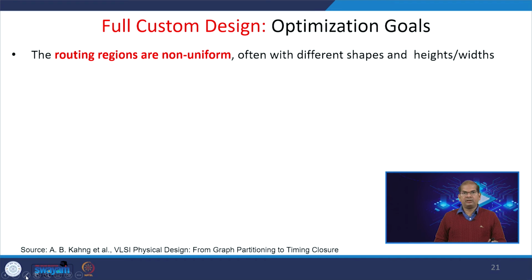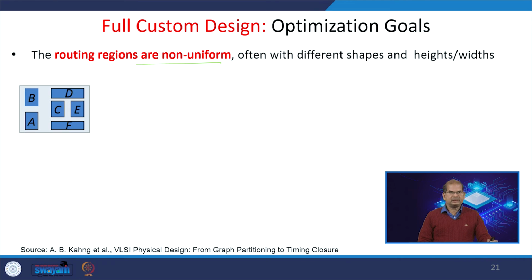In the case of the full custom design style, our routing regions are non-uniform. Why is it non-uniform? Because the design is determined by the other macro blocks, and the full custom design is done by a manual method. Based on our requirement, we define the channel. So, the routing region is non-uniform in a full custom design style, often with different shapes, heights and widths.